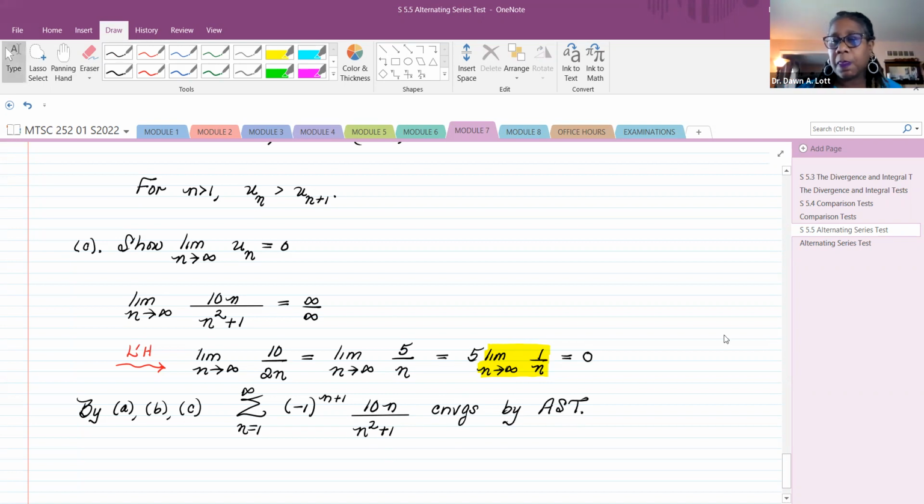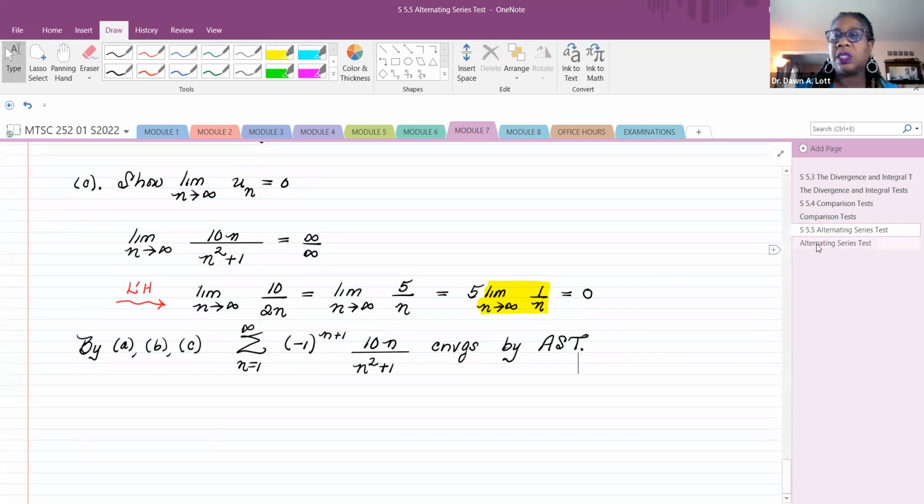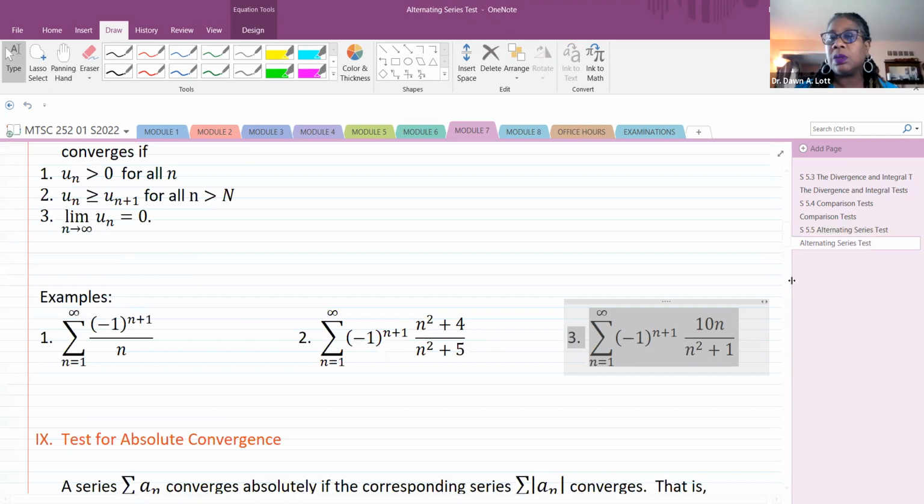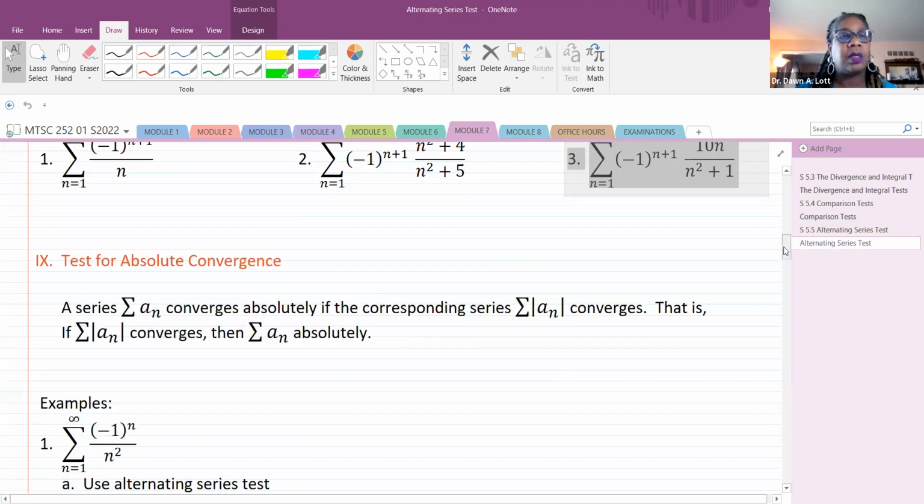So we did 3 very strong alternating series test examples. Now we are at our next test.